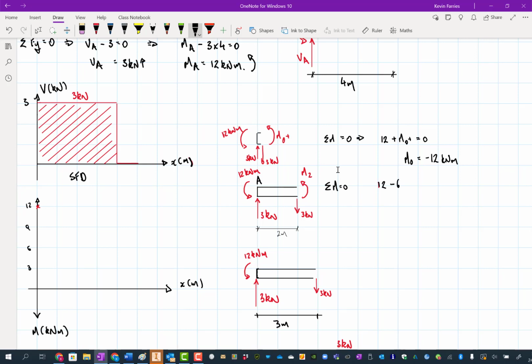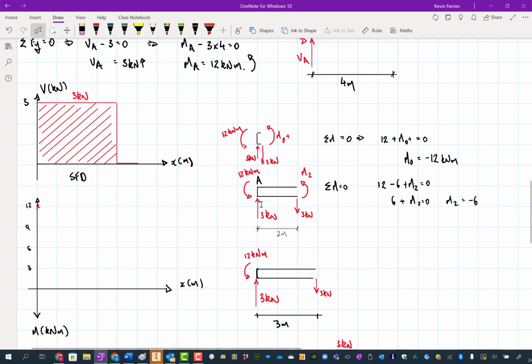And then M2 is the positive direction, plus the moment at 2 meters is equal to 0. I'm just checking my signs here. This one is positive, this one is also positive, and this one is negative. So we're going to have 6 plus M2 is 0, so M2 is equal to negative 6.